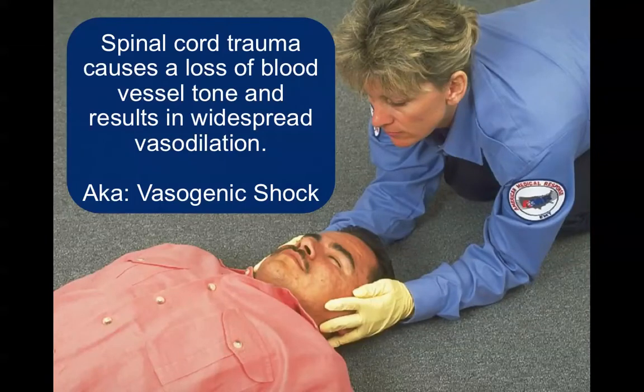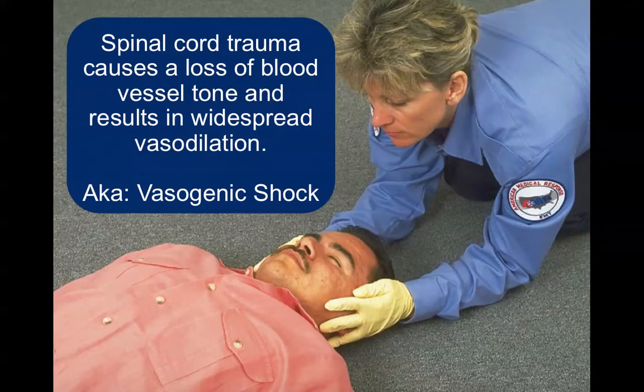Now, with neurogenic shock, what's happened is the spinal cord has been traumatized. More than likely, it's been severed somewhere in the cervical area of your spinal column, and there's no innervation. There's no more messages coming from the brainstem down into the body, so the body cannot release adrenaline and cannot compensate for what's going on.